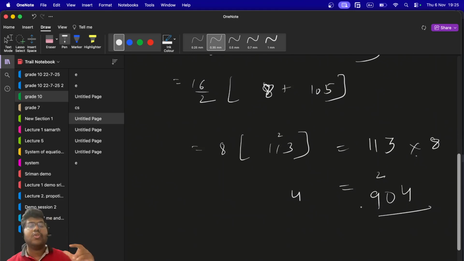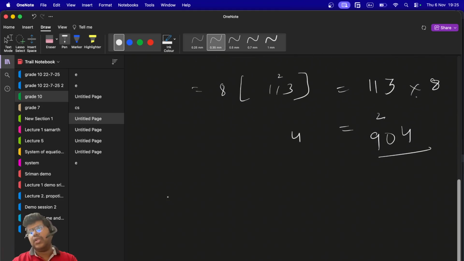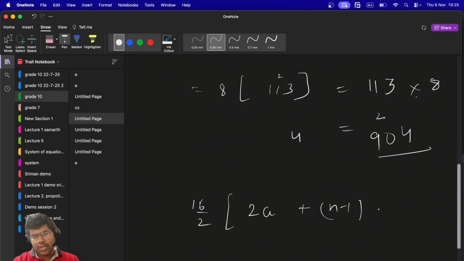Now we also have to write this whole sum into the summation form. So summation form means I need to find a rule for the summation. Correct? So now let us decode how to find the rule. So what we have, 16 over 2, and then 2 times a plus n minus 1 times d.